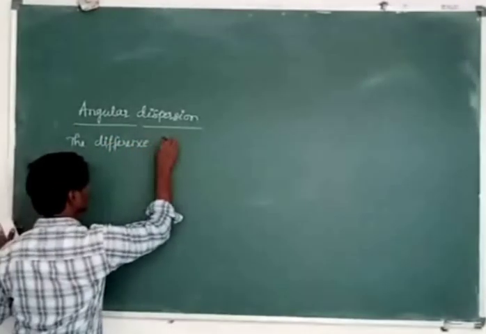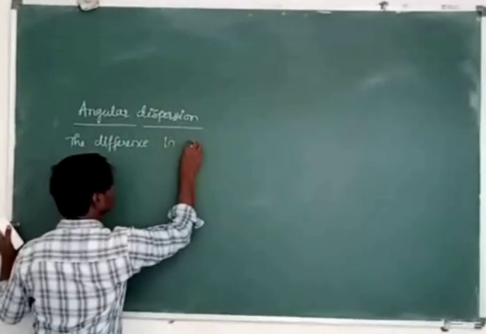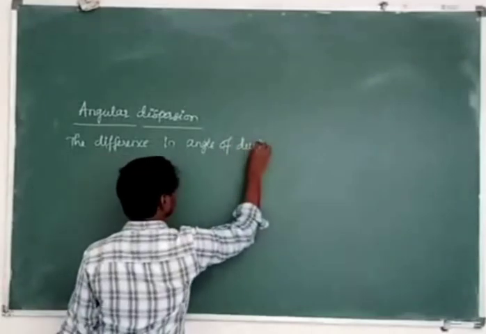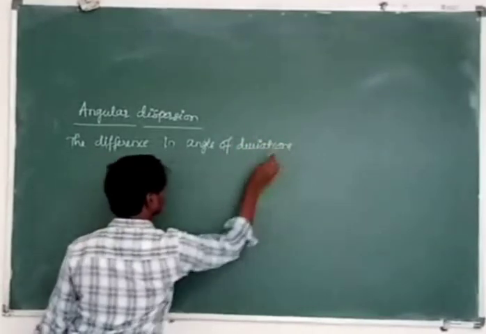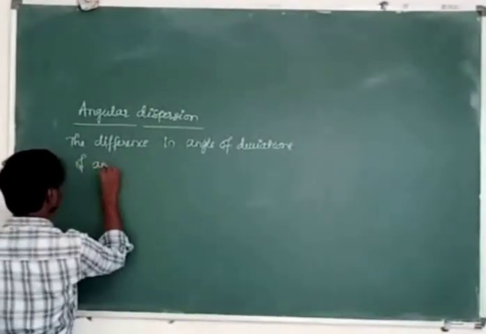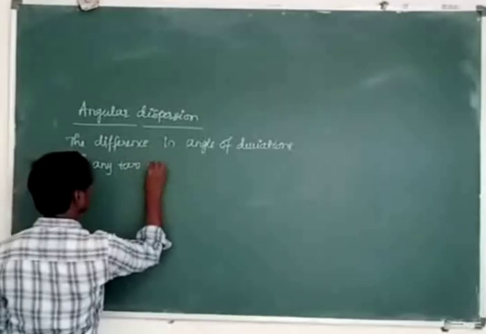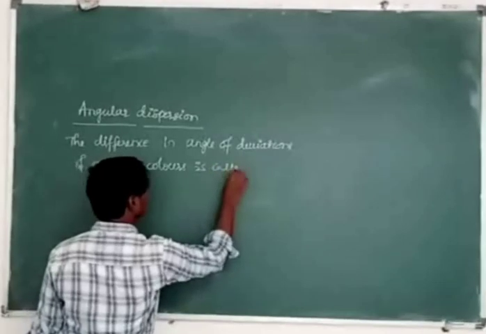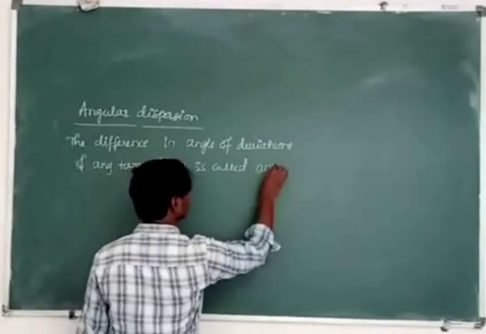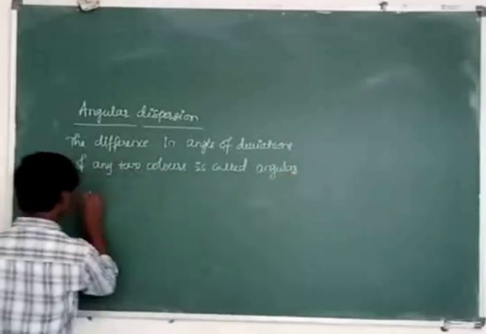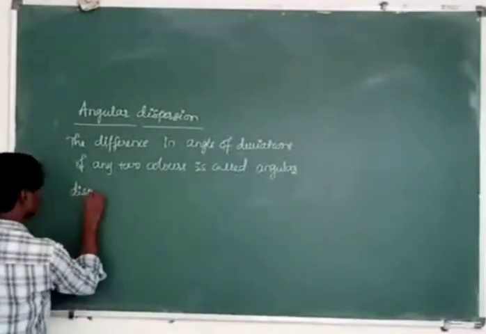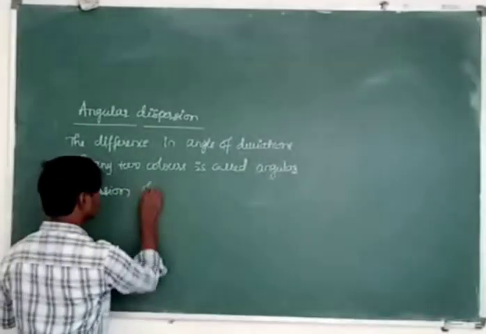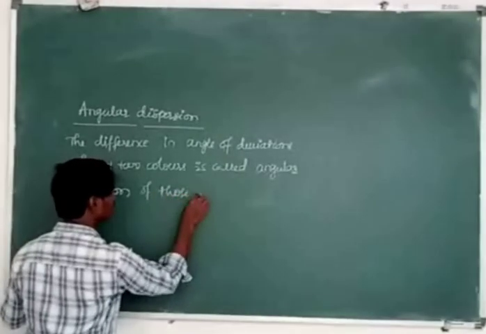The difference in the angle of deviations of any two colors is called angular dispersion of those two colors.